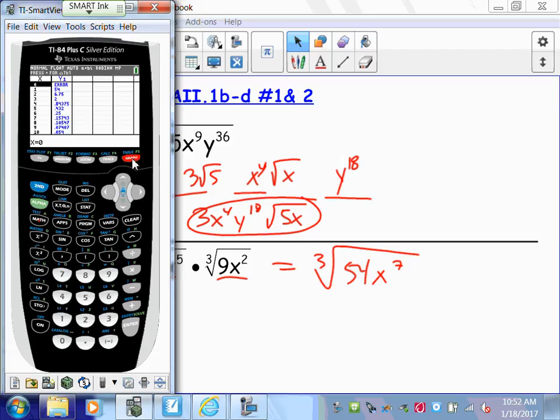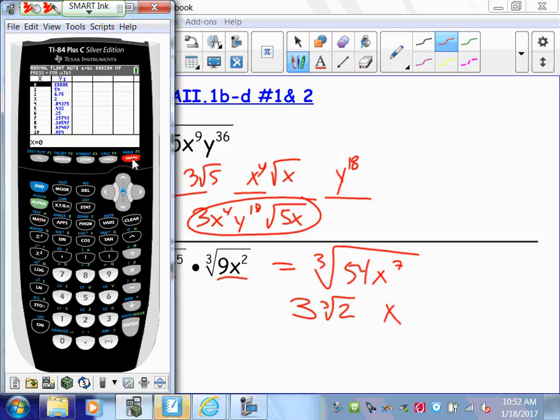Second table: 3 and 2. So it'd be 3 cube root of 2, and then 3 goes into 7 twice, so x squared cube root of another x. Clean it up, clean it up.